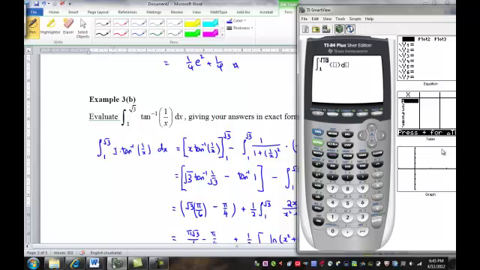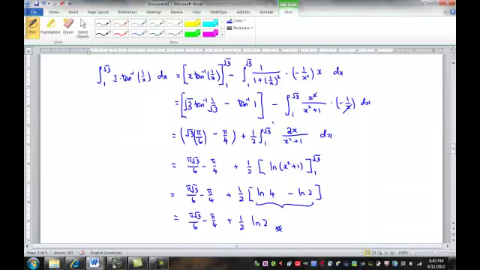Okay, not forgetting the integrand, meaning the expression to be integrated, and this one is tangent inverse 1 over x. Last but not least, do remember to put in the variable that you're integrating with respect to, which is x here. So just press enter and the calculator will give you a numerical answer.